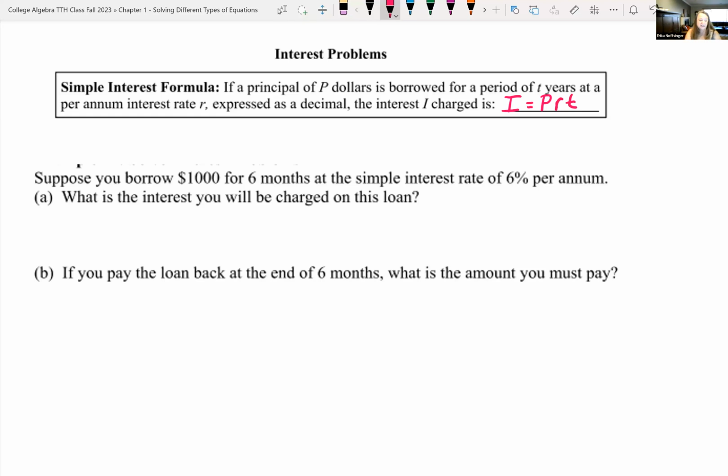So suppose that you've borrowed $1,000 for 6 months at an interest rate of 6% per annum. What is the interest that will be charged on this loan? So we're trying to find our interest, I. This is equal to the amount that we've borrowed, which is our P value.